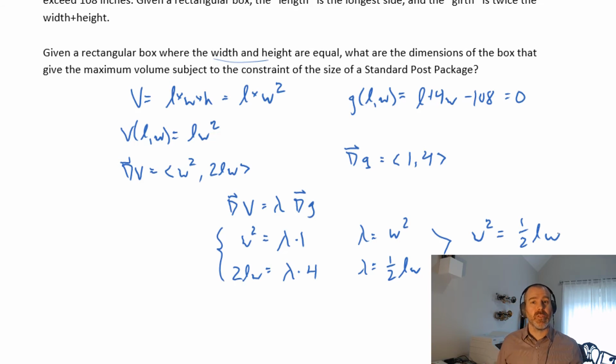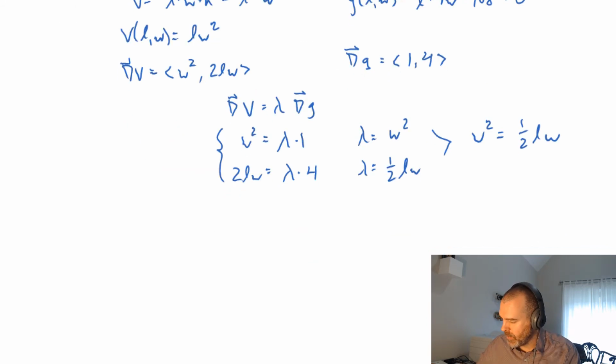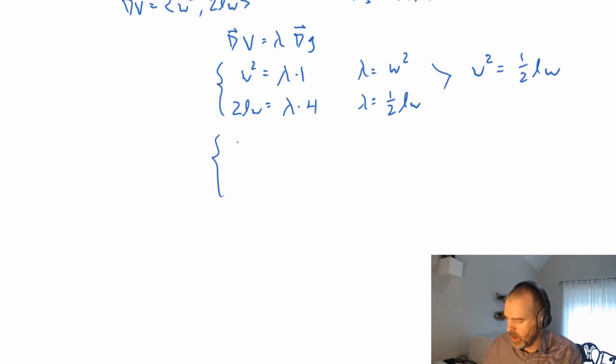Now you might say, okay, that's great, now I have one equation. But remember, you also have the original constraint. So now we have a system: w squared equals 1/2 Lw, and L plus 4w equals 108, or L plus 4w minus 108 equals 0.